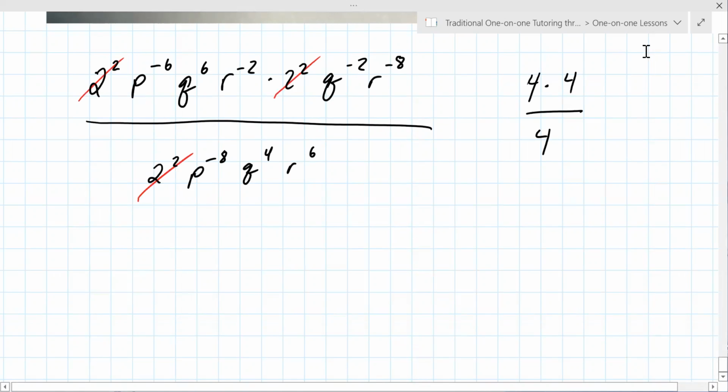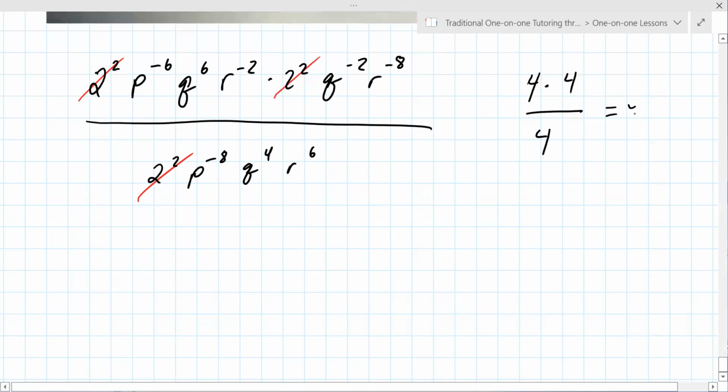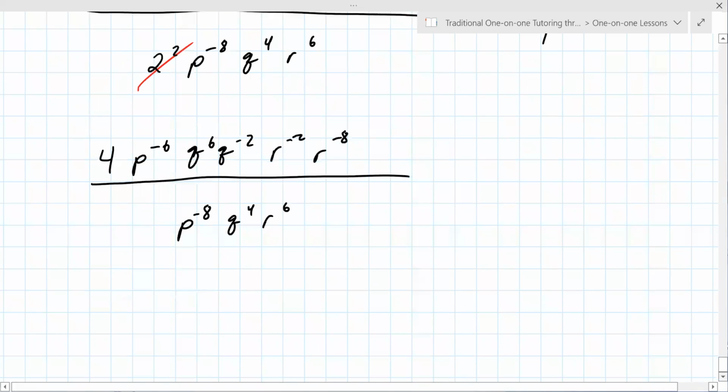So the result is that that becomes 4. So that means in my numerator, there's a 4. And just for clarity, I might rewrite stuff so that it's next to each other, like q to the 6th, q to the minus 2, r to the minus 2, r to the minus 8. Something like that.